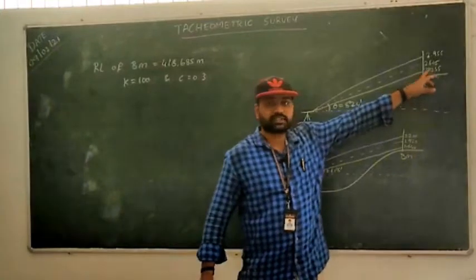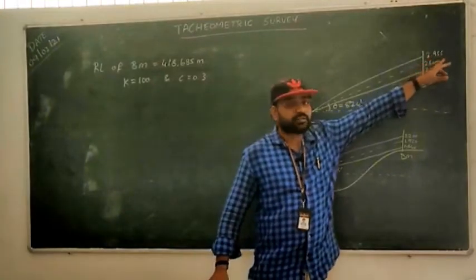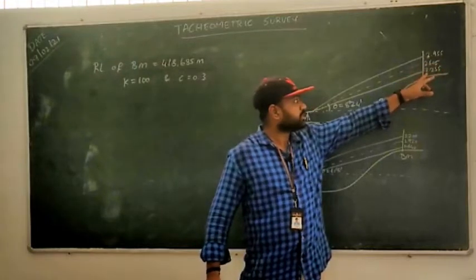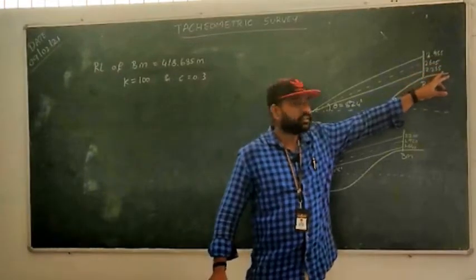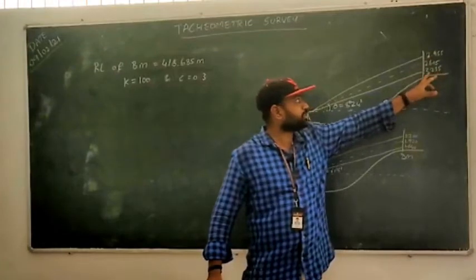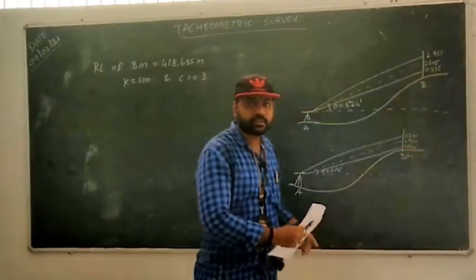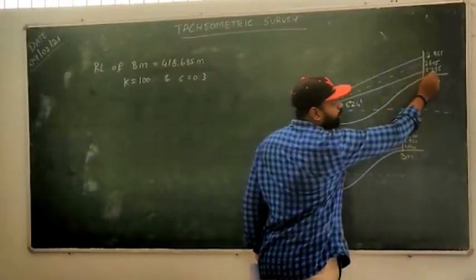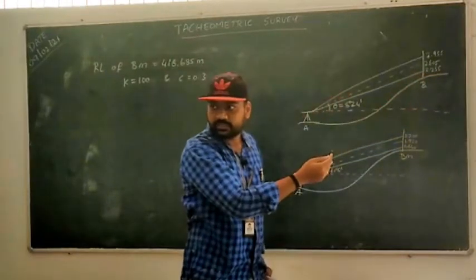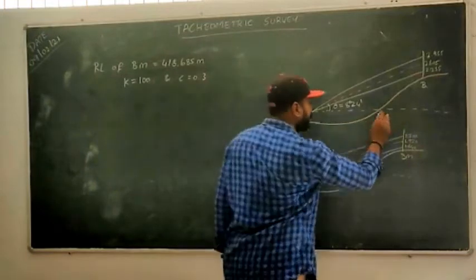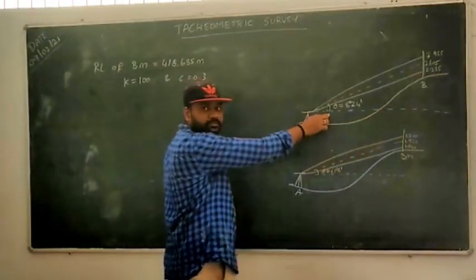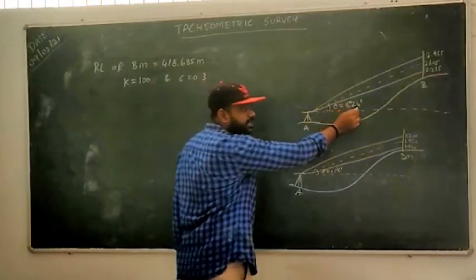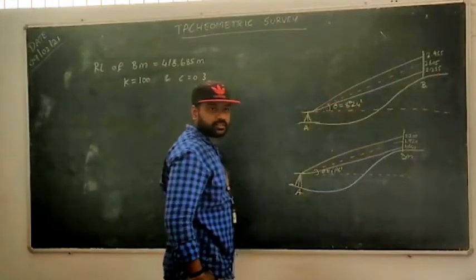These are the three readings: top is 2.955, middle one is the line of sight, 2.605, and this one is 2.255, which gives the reading R. And the angle for the line of sight is theta, that is 8 degree 24 minute.